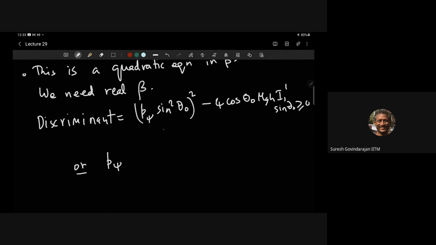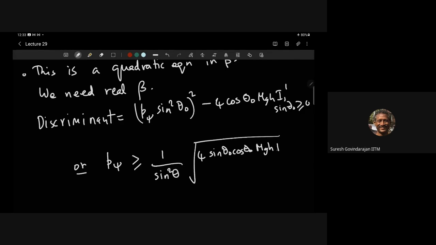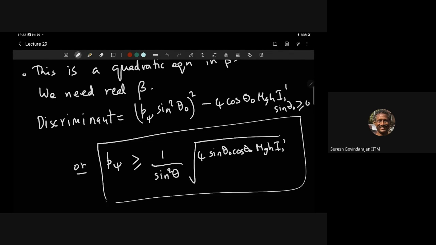P psi must be greater than or equal to the square root of the magnitude of P psi.